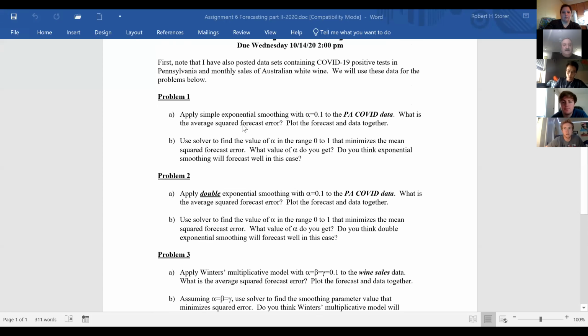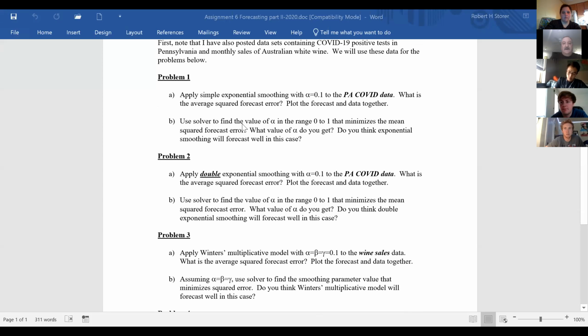Real quickly, this assignment is not too bad. I have some new data. This is the daily number of positive COVID tests in Pennsylvania. We're going to apply simple exponential smoothing with alpha equal 0.01, implement that in Excel, and then use Solver to find the value of alpha that gives the smallest root mean squared error.